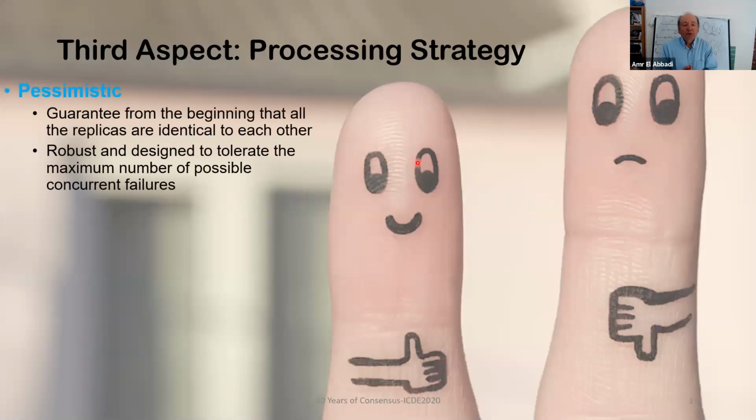Then we have, from a processing point of view, from an algorithm development point of view, and for a database audience this should be obvious, pessimistic approaches, which guarantee that all the replicas are identical to each other and robust. You have to ensure you get your locks first before you end up executing things.